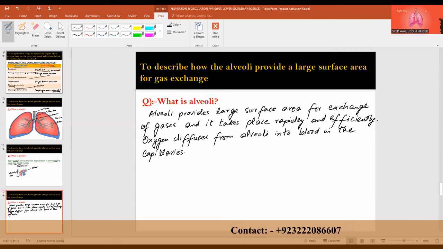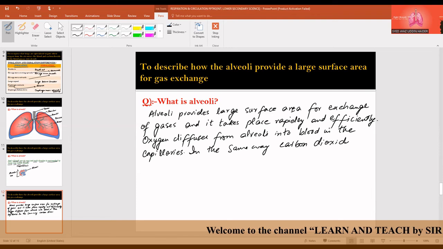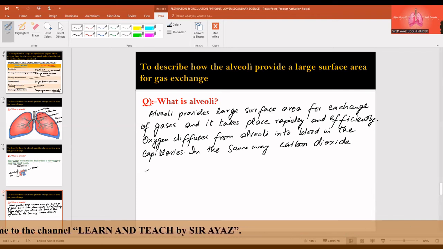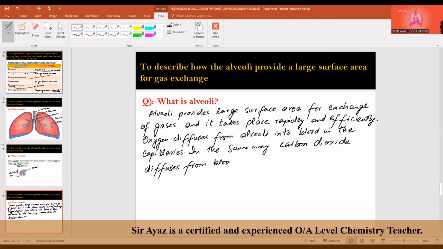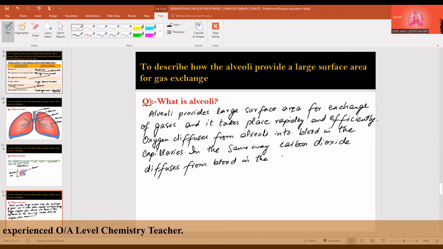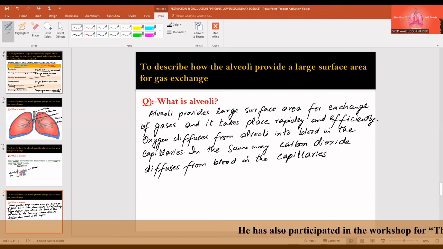In the same way, carbon dioxide, which is a waste gas, diffuses from blood in the capillaries into the alveoli.